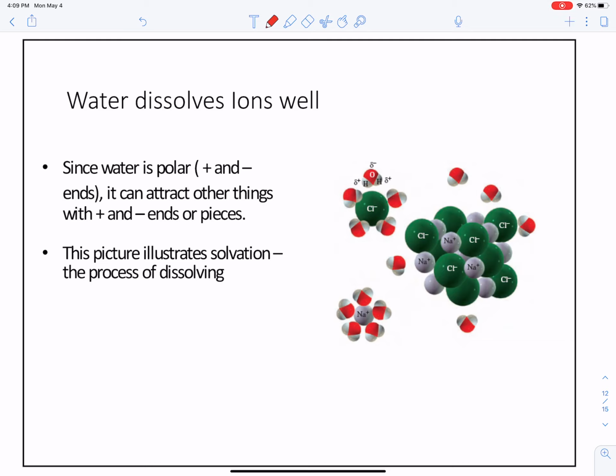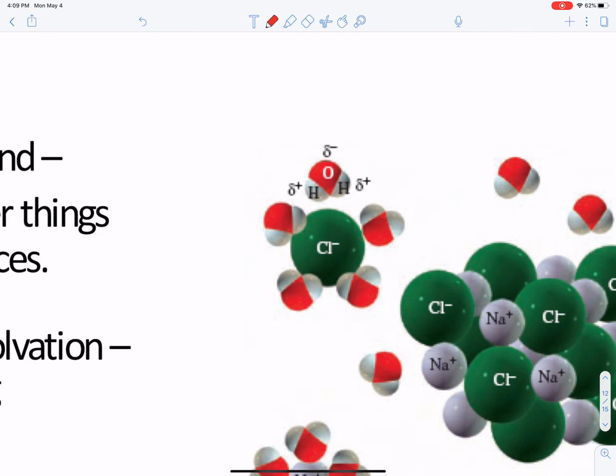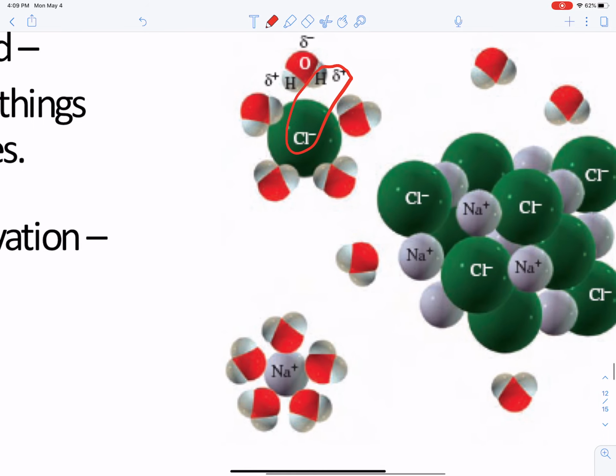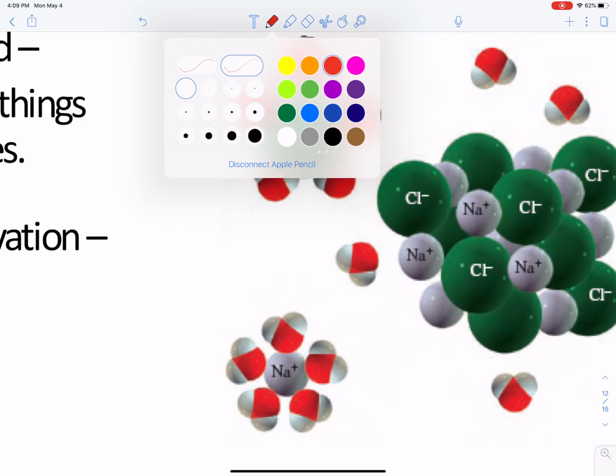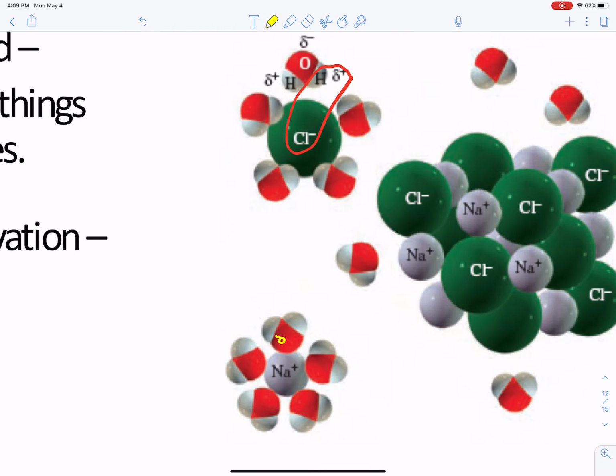Water dissolves these ions well. Look at this. Do you see that water? The delta positive hydrogens that are hanging out with that chloride that's negatively charged? How about this? The delta minus, let me fix that a little bit. How about this delta minus oxygen that's associated with that positive sodium?